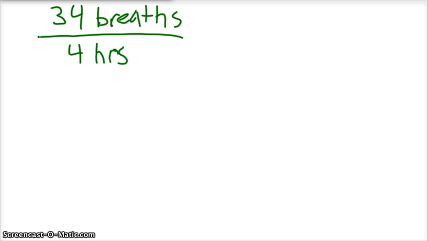Remember our question is asking about 7 hours, but first we need to break it down to just 1 hour. So we want to end up having 1 hour on the bottom. When we do 34 divided by 4, that gets us about 8.5 breaths.